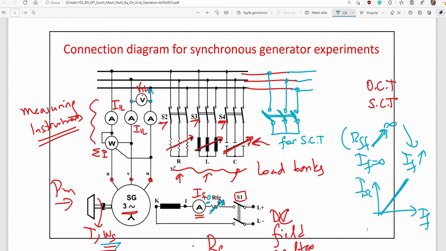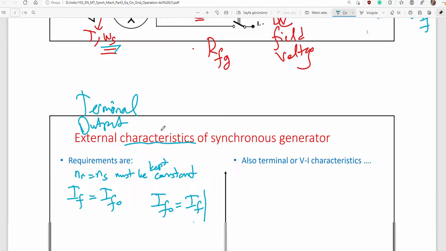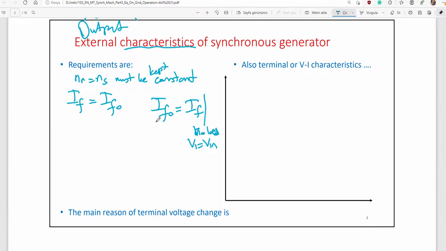You observe rated voltage, let's say 400 volts. That is the field current when there is no load and the voltage is such a value.